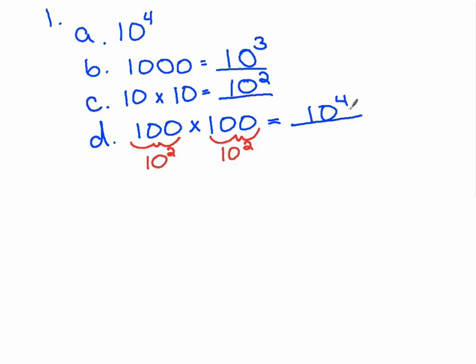Now, if you wanted to multiply it out, you could say 100 times 100. And we know that we multiply the front two numbers, right? And then we add however many zeros are there. How many zeros do we have total in both those numbers? 4. We have 4 total zeros.